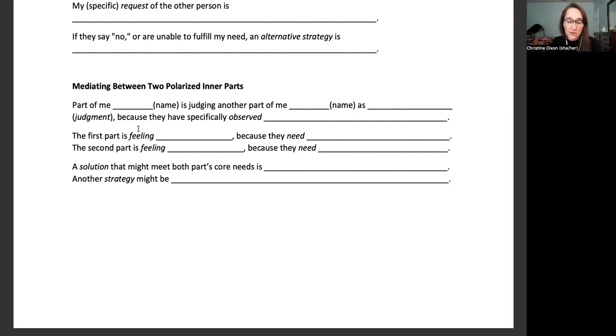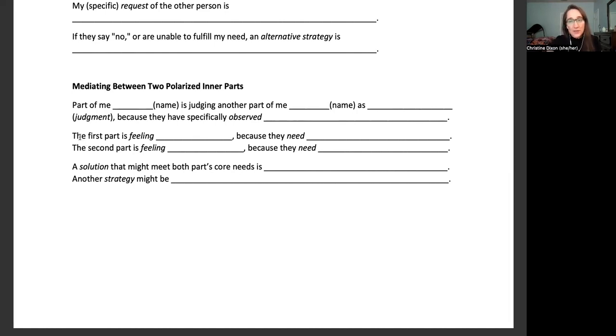Usually when you say to yourself, oh, I'm so stupid, what that really is, is a part of you saying that it thinks another part of you is stupid. And then you can get curious about, well, what's your direct observation beneath that label or that judgment of stupid? What specifically happened and what are you worried about? So you can really get reflective about the observation behind the judgment.